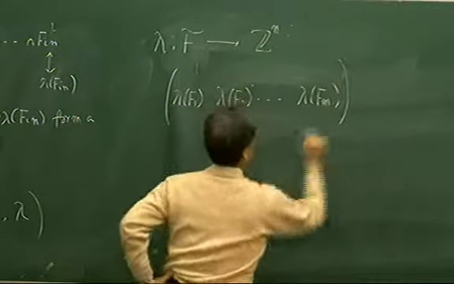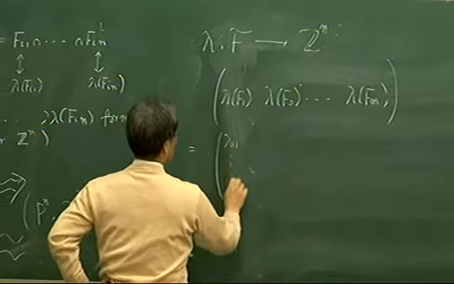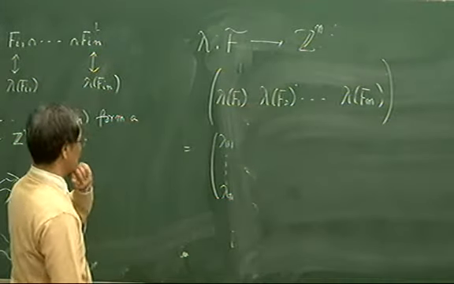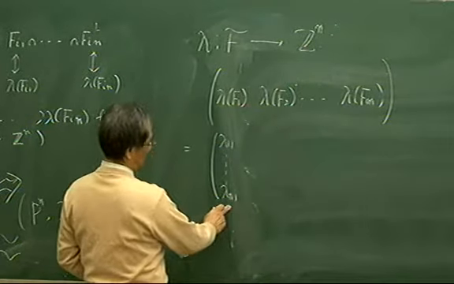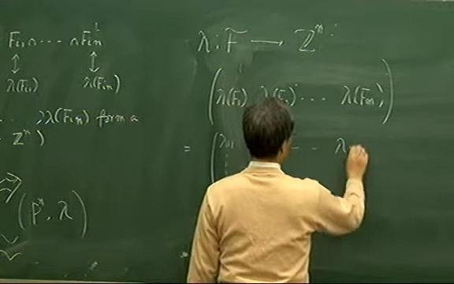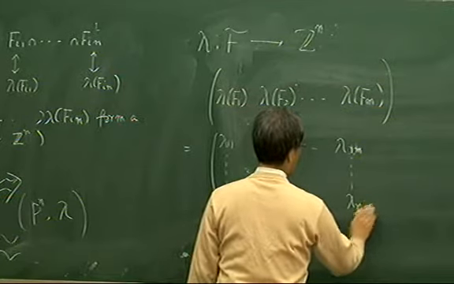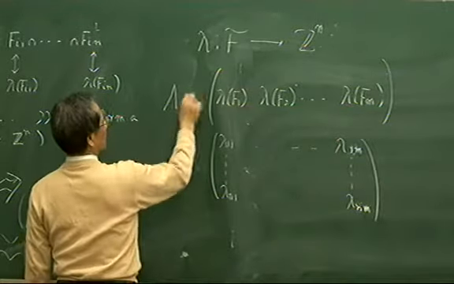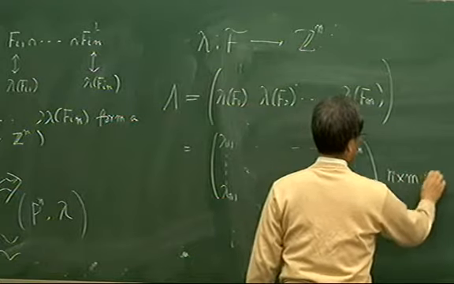So this is an n by m matrix, with entries lambda 1,1, ..., lambda n,m. Let me call it lambda. This is an n by m matrix.